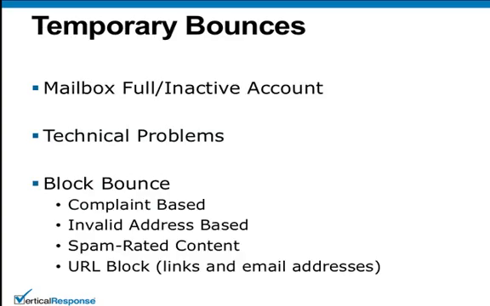So let's move on to temporary bounces, and these are by far the more common types of bounces, and they can occur for a much more interesting variety of reasons. Because most temporary bounces are the result of temporary issues, at VR we reattempt delivery for emails that have received a temporary bounce for up to 72 hours.